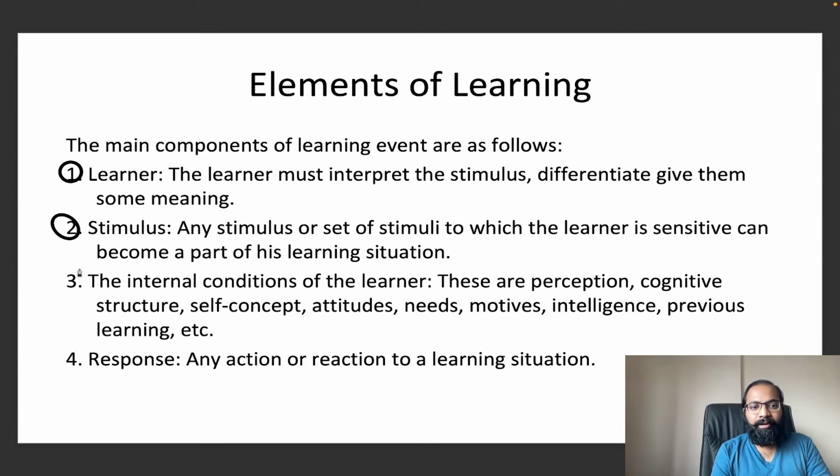Okay. And coming to the internal conditions of the learner. Internal conditions of the learner include different types, like perception, cognitive, meaning the intellectual point of view, the self concept you have, your attitudes, your needs, your motives, your intelligence, and your previous learning. All these things come under the internal conditions of the learner.